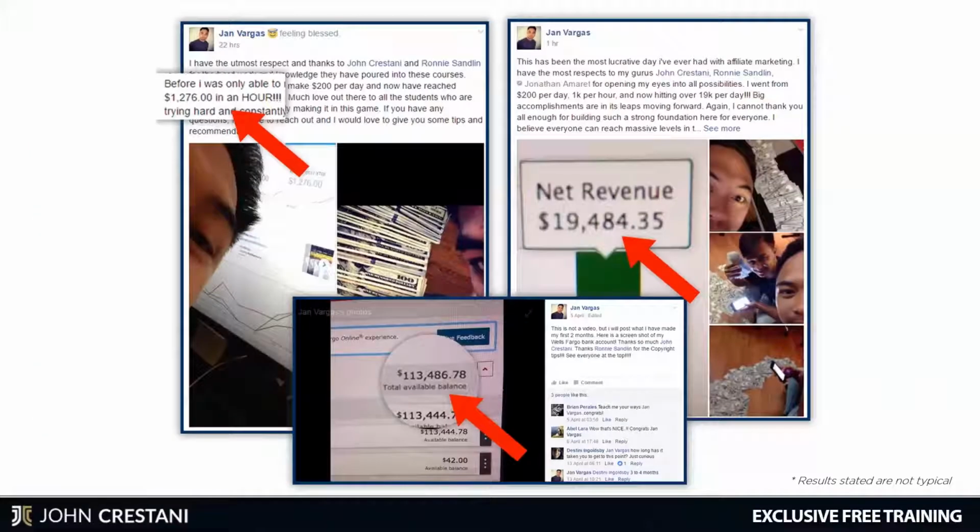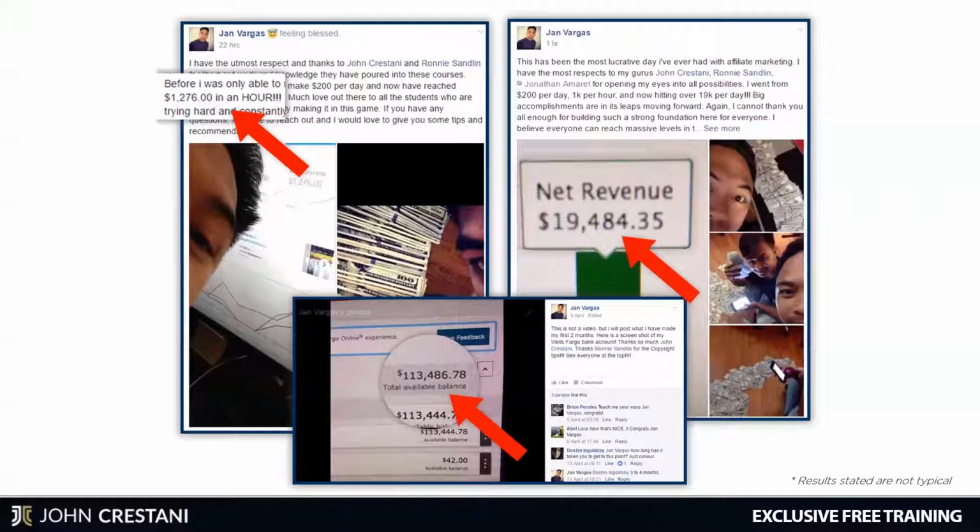And you can see here, Jan, he made $1,200 in an hour, and he was able to scale that up to almost $20,000 in a day. And he's been able to put money away in his bank accounts, as you see in that bottom screenshot there. These are just regular, everyday people getting paid irregular amounts of money.